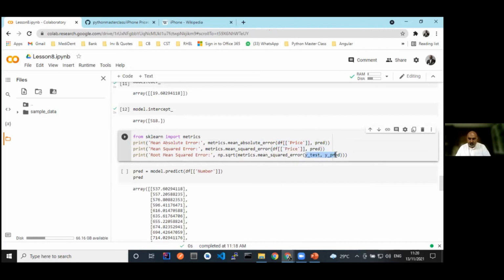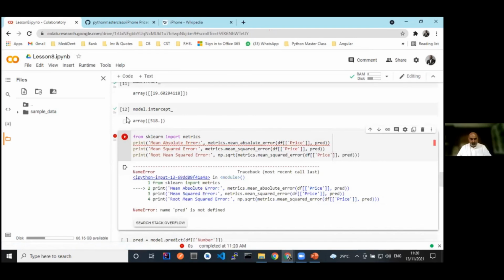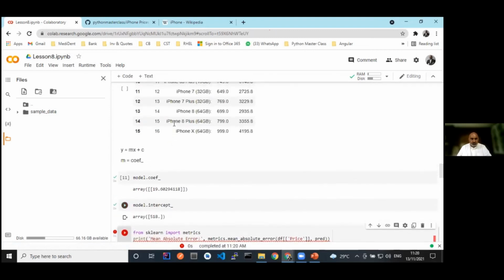So you can see that now we are going to test your model. If somebody comes up and says, hey, I built a model to predict handphone prices, this is how you actually test it. What did I do wrong? Predict is not defined.